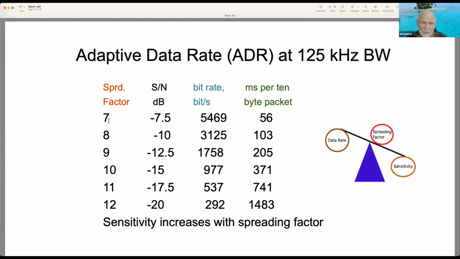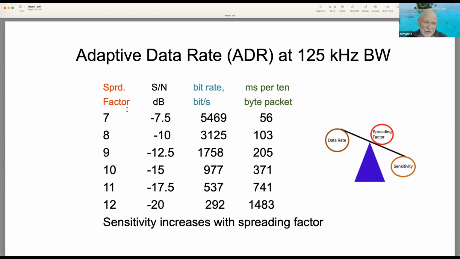So if we just multiply by 7, what is called the code gain of the system, then we can afford a signal-to-noise ratio of minus 7.5 dB. And this will afford a bit rate of about 5 kilobits per second. And the duration of each packet, a packet containing 10 bytes, will be 56 milliseconds.